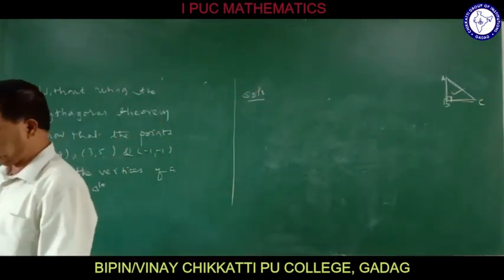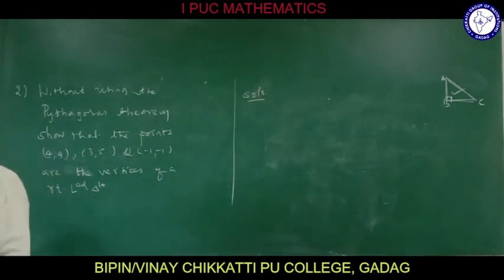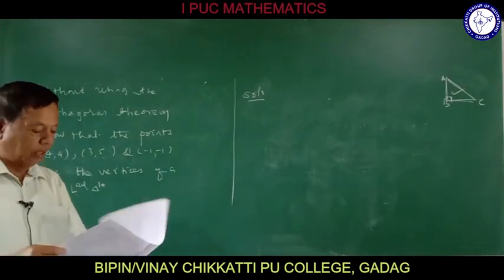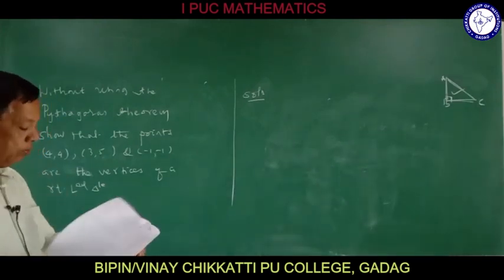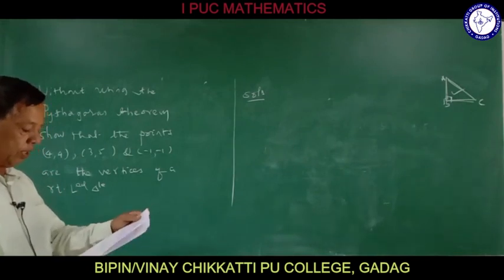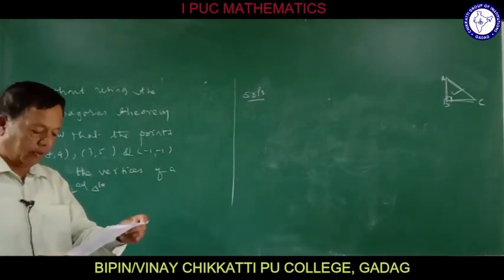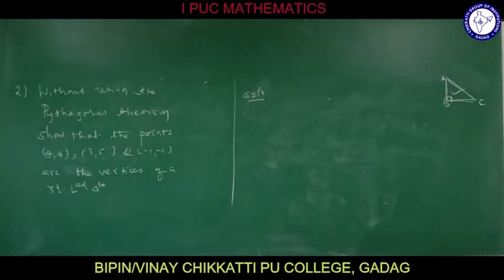So you have to find out how these are vertices, and accordingly you have to tell the result.